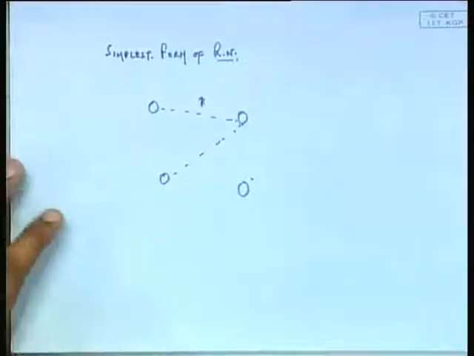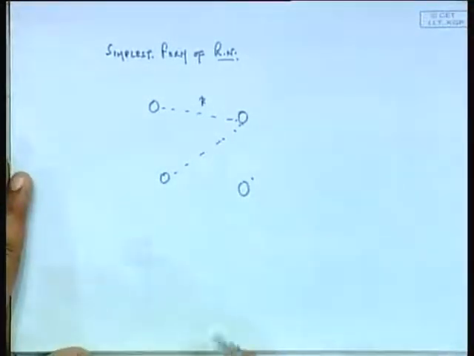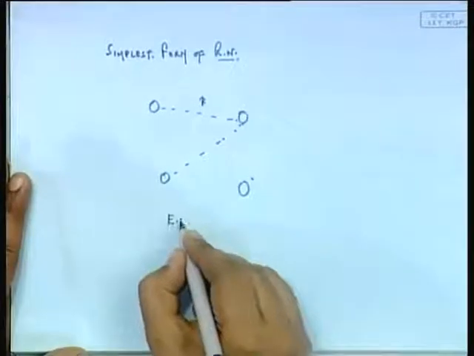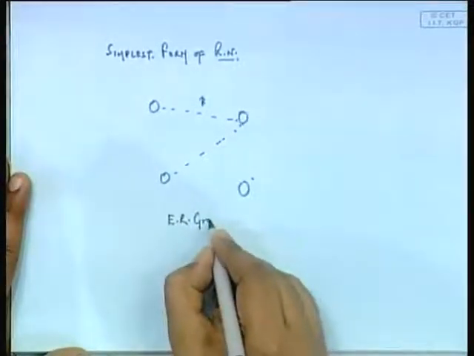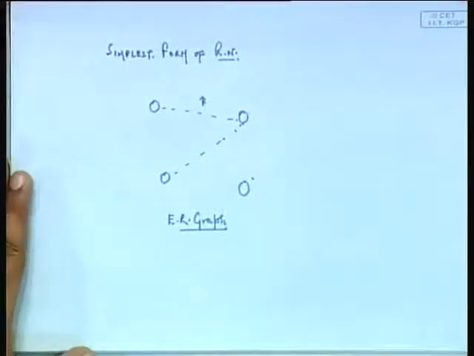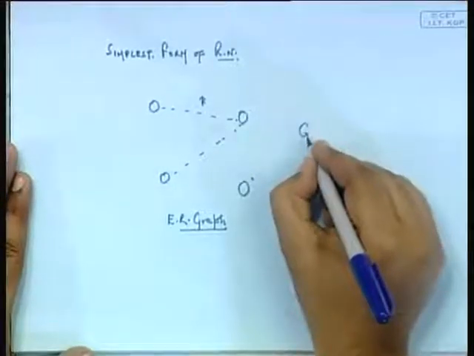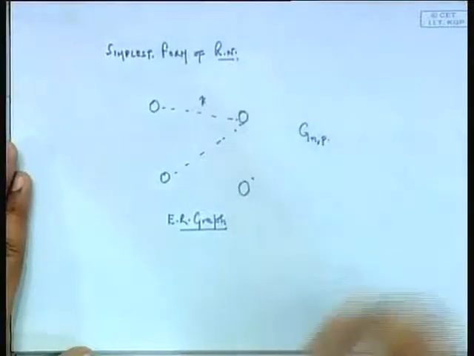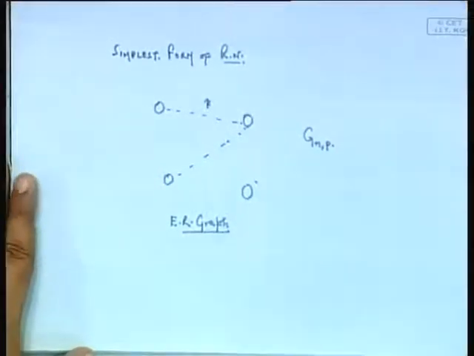This is the simplest random network, which we call the Erdős–Rényi graph. It is also named G(n,p). Okay.